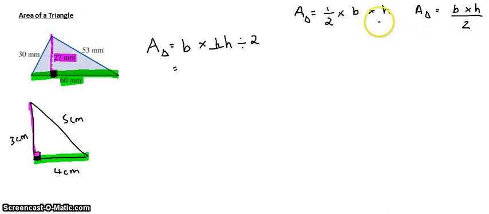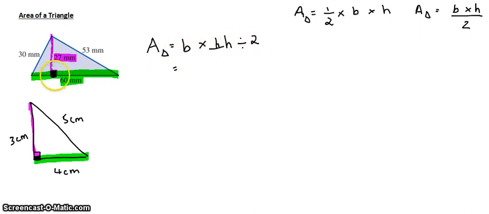Divided by 2, but they are all just different ways to express that once we know the measurement of the base, we times it by the height and we divide it by 2. It's the same thing, just a different way of writing out that rule. Okay, but we're going to use this way of writing it for ours.